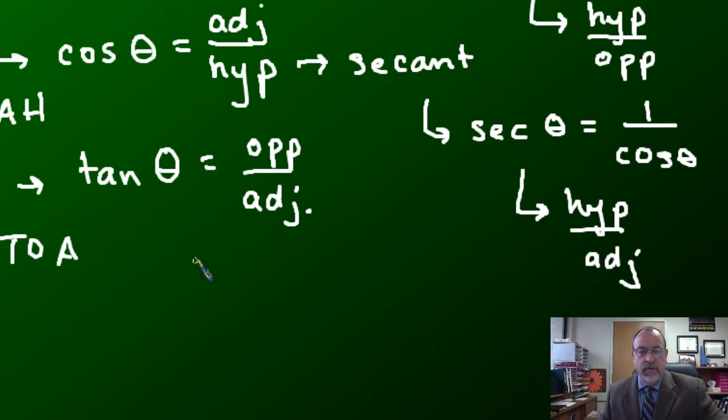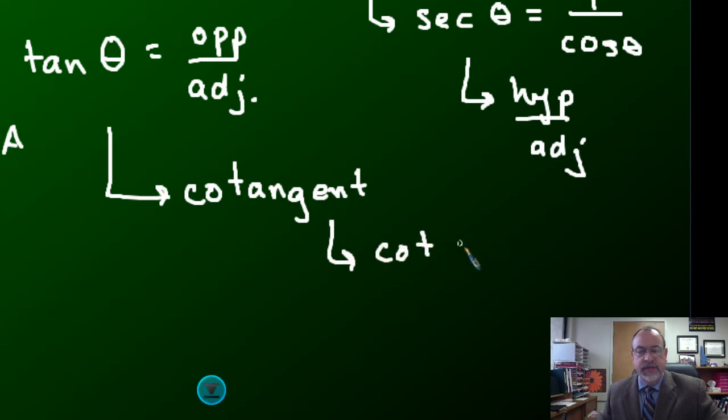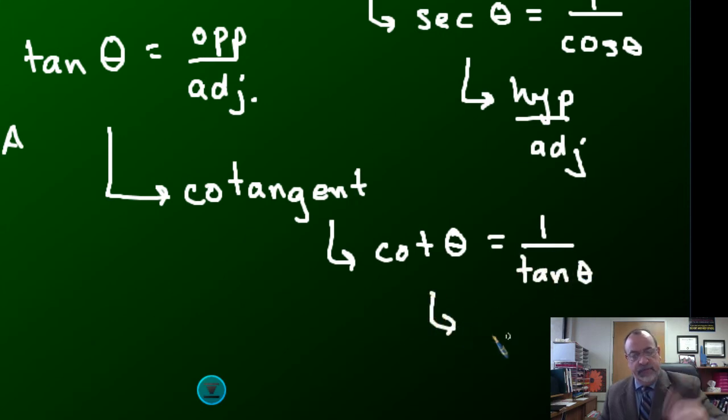And then, of course, the reciprocal of the tangent function is the cotangent function, and that's abbreviated cot, and again, it's the reciprocal of the tangent. So what it does is it flips that tangent ratio over, so we're going to get adjacent over opposite.